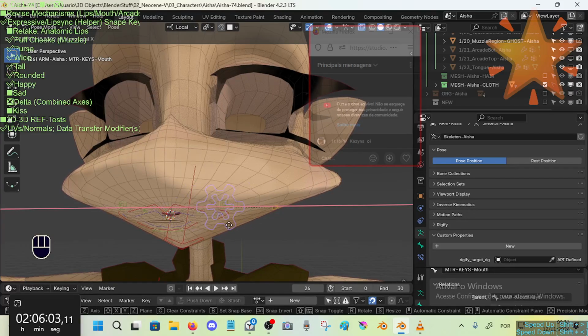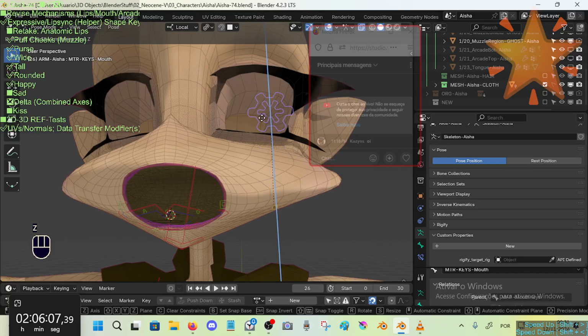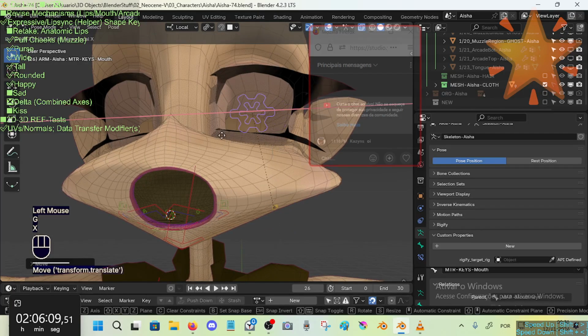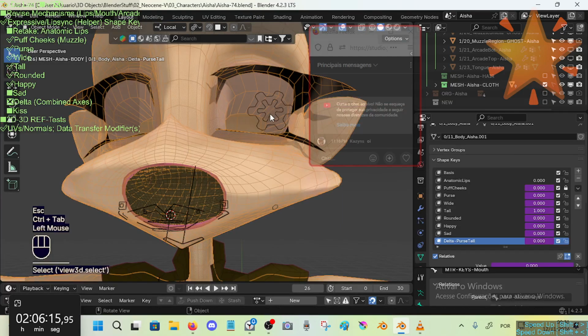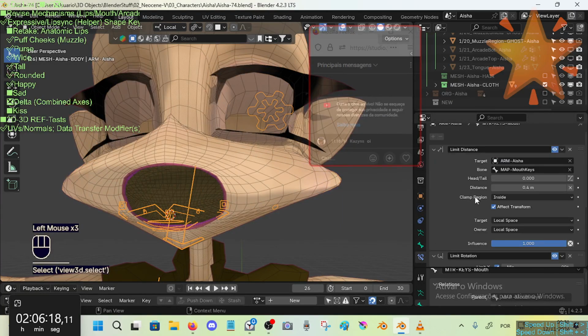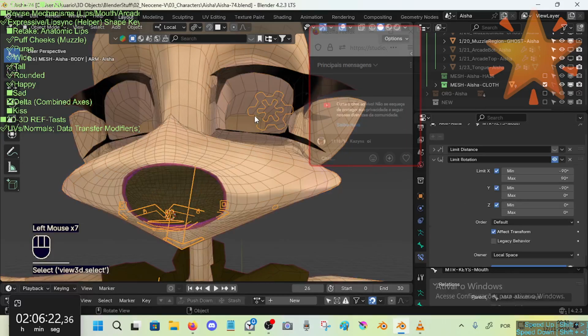But when we combine the GZ at maximum with the GX at maximum, never mind this rotation here, because this bone has a limit distance, so it makes this rounded, but it doesn't matter.